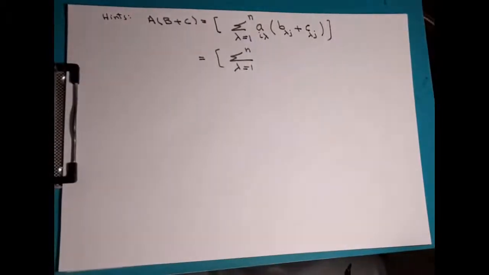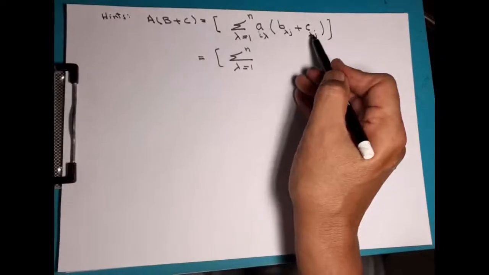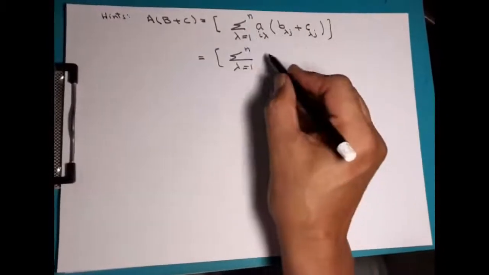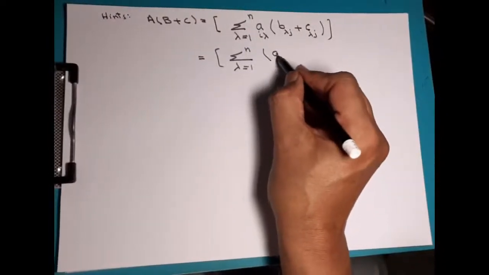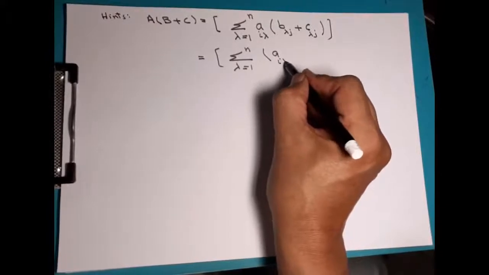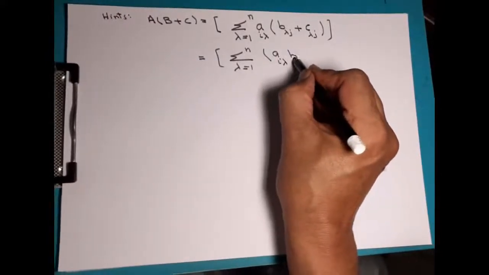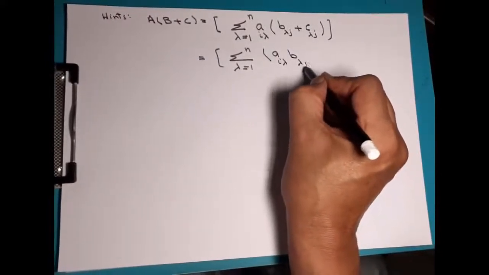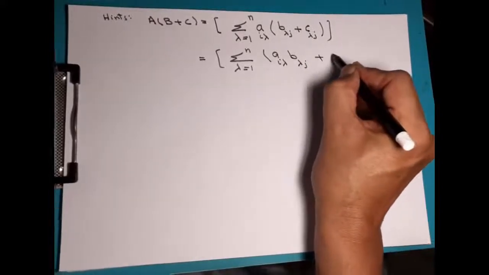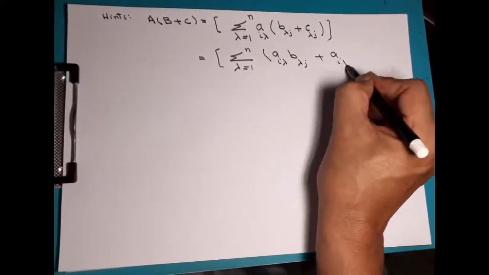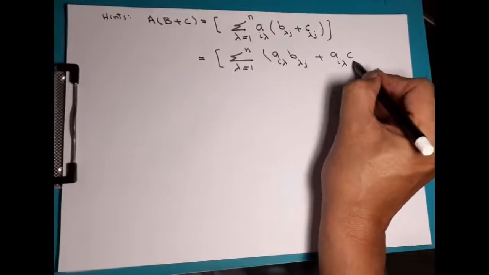Since multiplication is distributive over addition in the ring R, this can be written as AI lambda B lambda J plus AI lambda C lambda J.